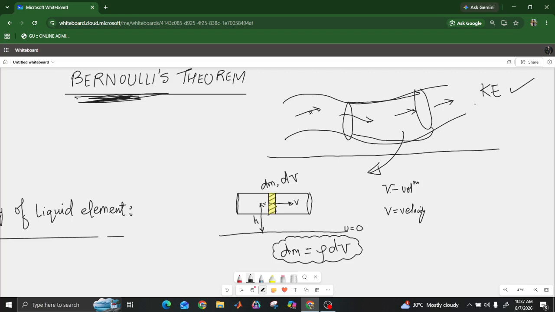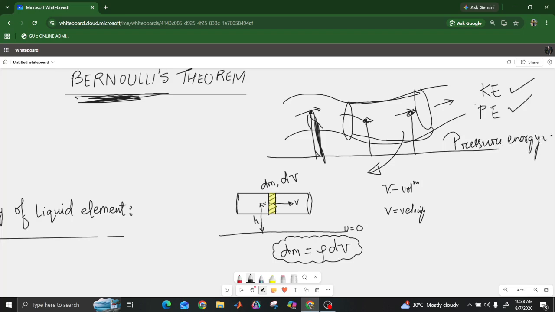So here it will have potential energy, here it will have potential energy, since these are the different heights of the fluid element. And there will be another kind of energy which we call pressure energy.